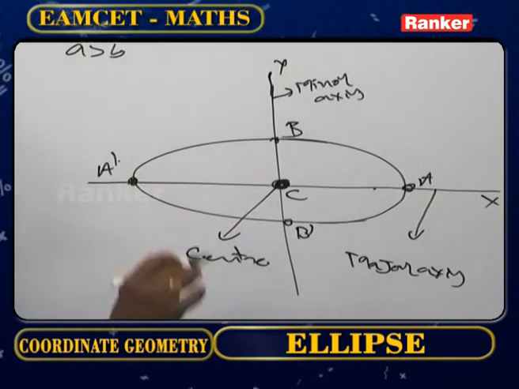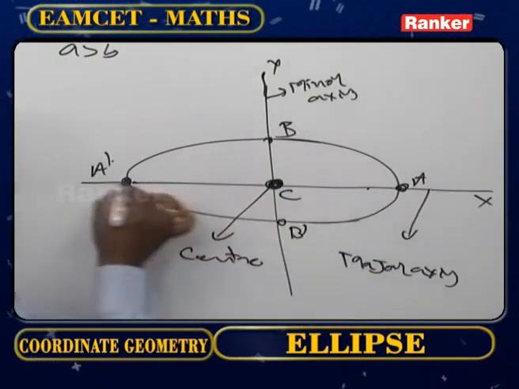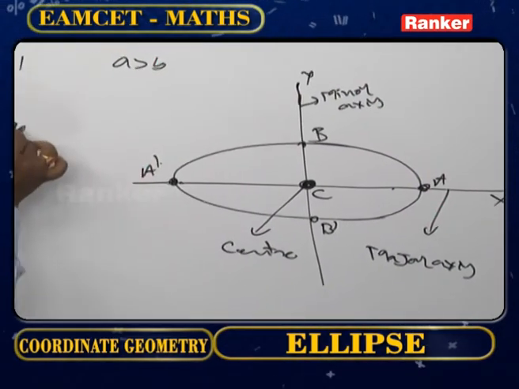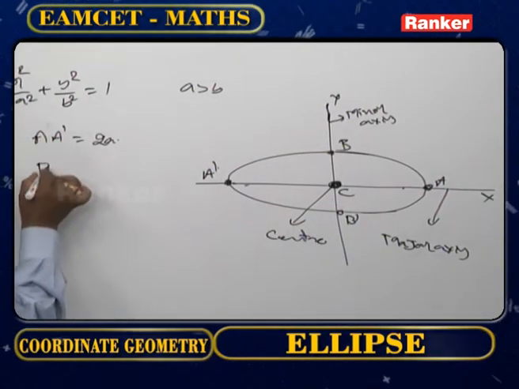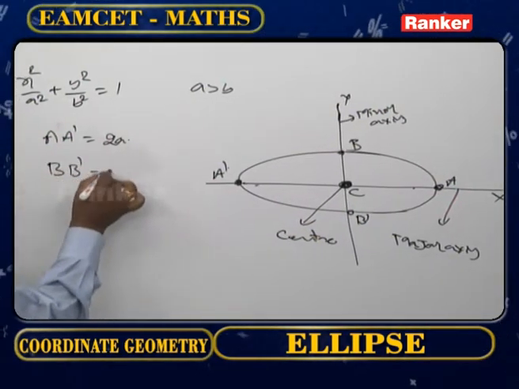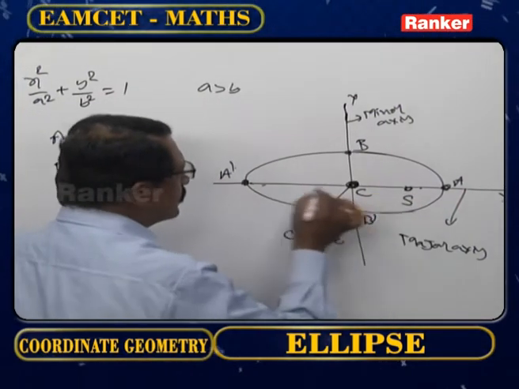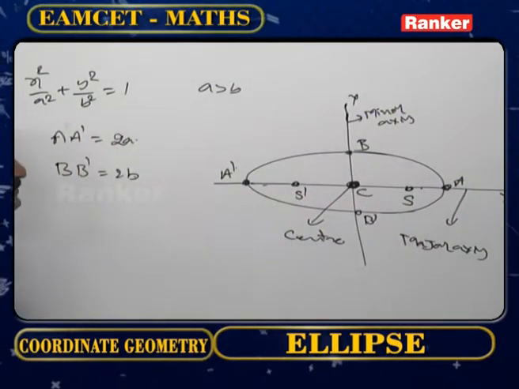The length of the major axis A A dash equals 2a. Similarly, the length of the minor axis B B dash equals 2b. And S and S dash are the foci of the ellipse.